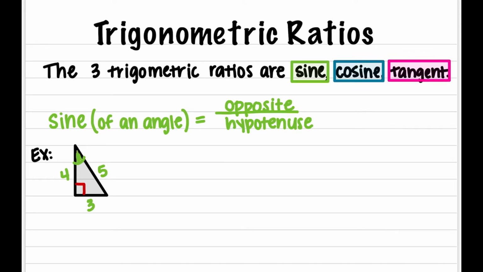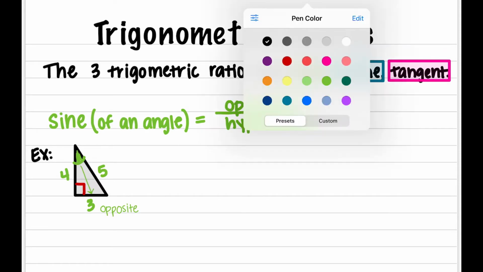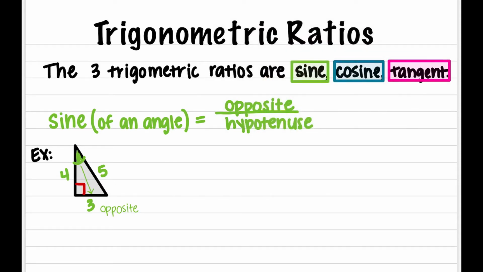So if I'm looking from this angle, then the opposite side is the one that's directly across from the angle. So 3 is the opposite side. And the side that's directly across from the right angle is the hypotenuse. So 5 is the hypotenuse.